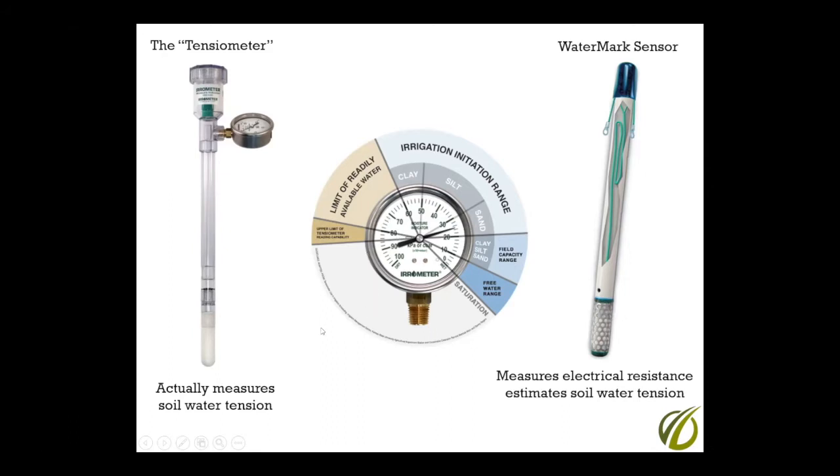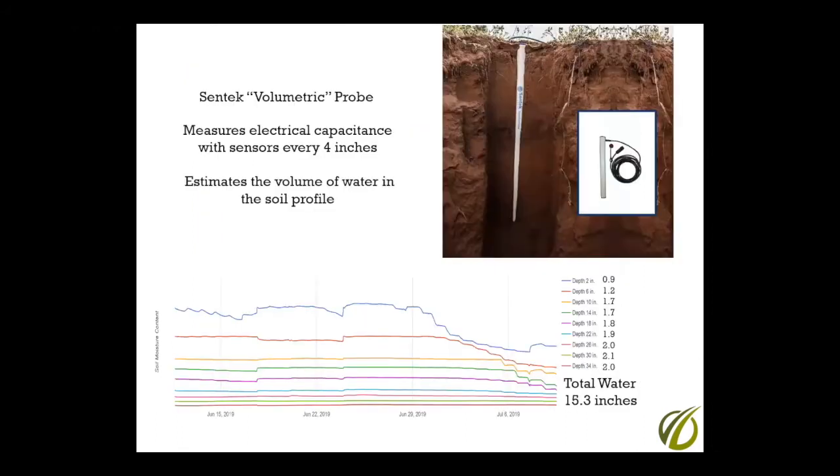But again, what this tells us is the vacuum required to acquire that water, and at which point those roots can't sufficiently get water. That's when we want to initiate irrigation. This does not tell us how much water that crop is actually using and whether or not we're meeting that demand. It does indirectly, but not directly.